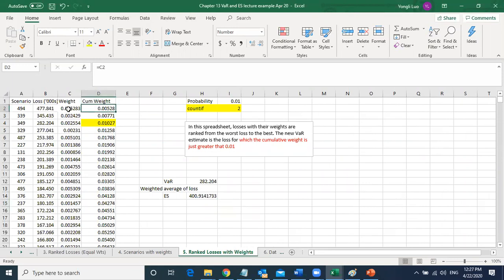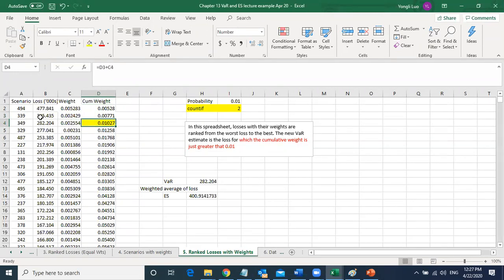The first one is exactly the same, and the second one is the first cumulative weight plus the next weight, so D2 plus C3. That's going to be your cumulative weight. This one is 0.0771 plus 0.02554.